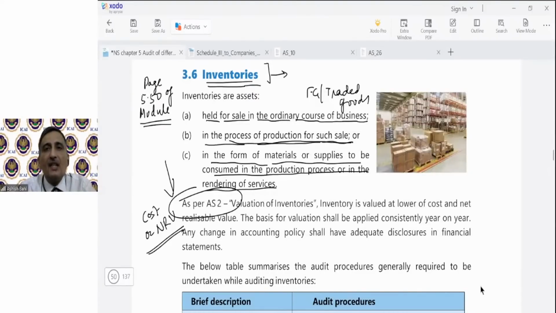The basic logic behind this is that no element of profit should go into the valuation of inventories. Okay. So then how is an auditor going to verify different assertions pertaining to inventories? So what is an inventory, students? Inventory is again an account balance.